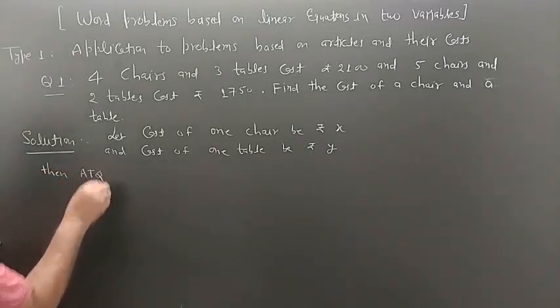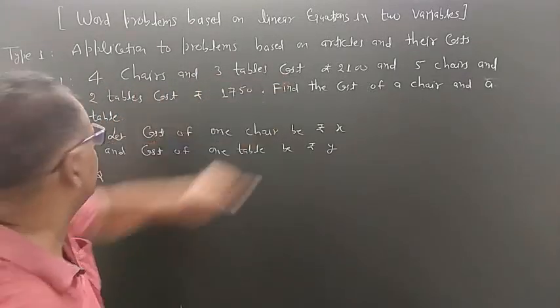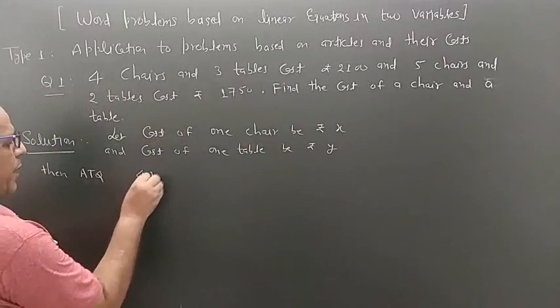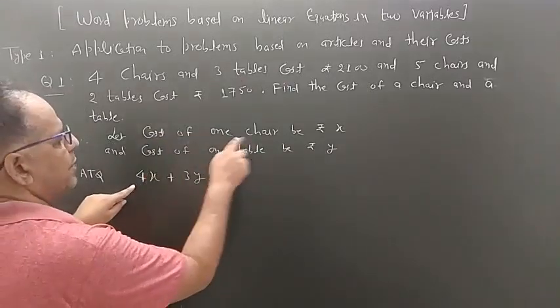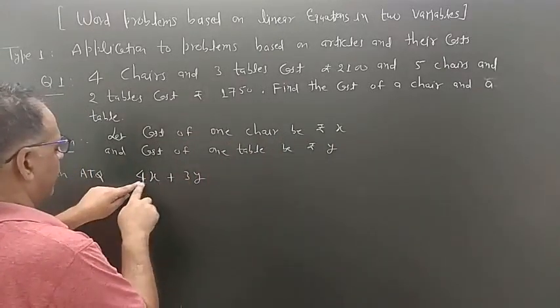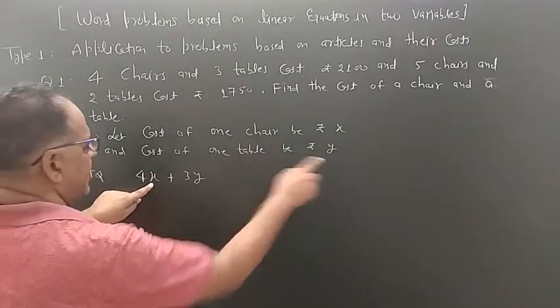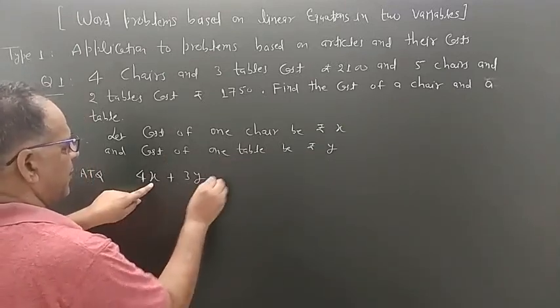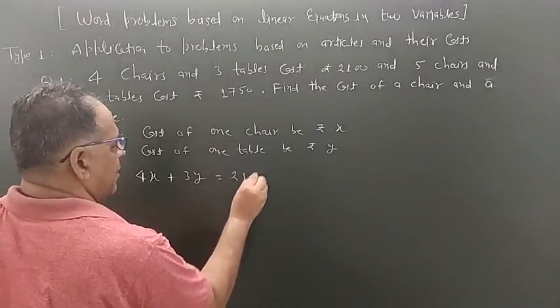Then according to the question, the first statement says that 4 chairs and 3 tables cost 4x plus 3y, because the cost of one chair is x, so the cost of 4 chairs becomes 4x, plus the cost of one table is rupees y, so the cost of 3 tables becomes 3y, is equal to 2100.